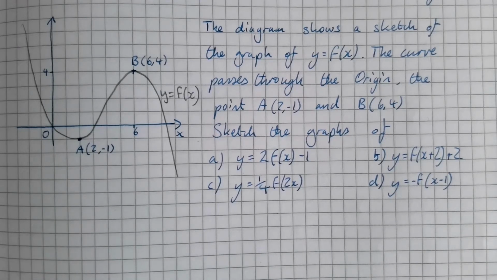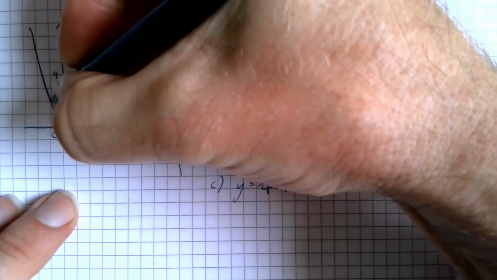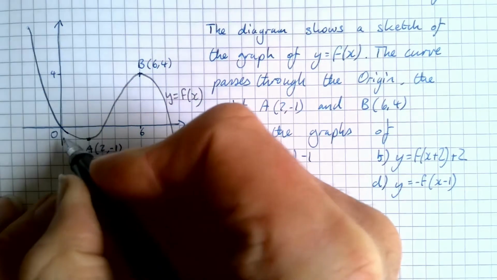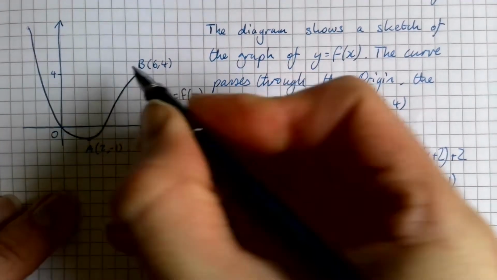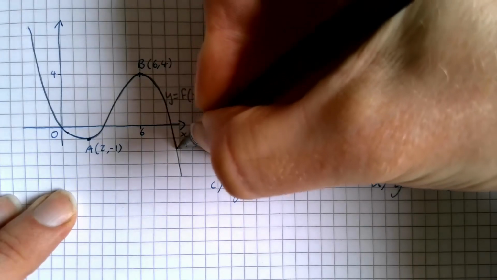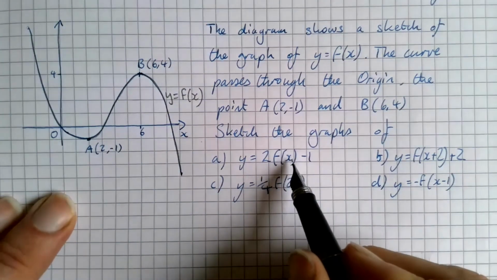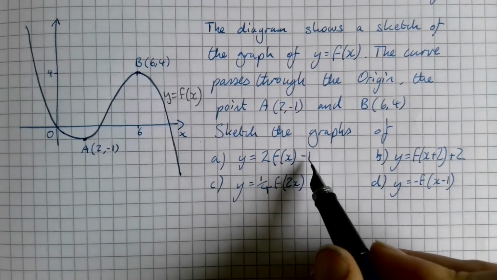So we're going to look at each one separately. Before I do this, I'm going to firm this in with a pen, because we've got two different graphs. We've got two functions that I'm going to be applying on this first one. So it's 2 times whatever this function is, that is this one here, and then we're taking 1.